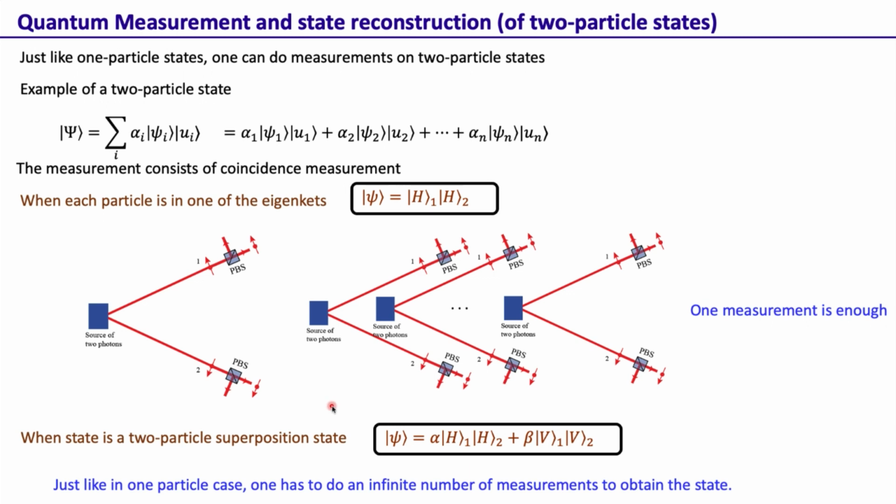Just one more comment I want to make here: when we do the quantum mechanics of massive particles, we work with operators such as position, momentum, A and B, and so on, which is what I have done in this lecture. But when we deal with fields, we do it in terms of electric field operators.